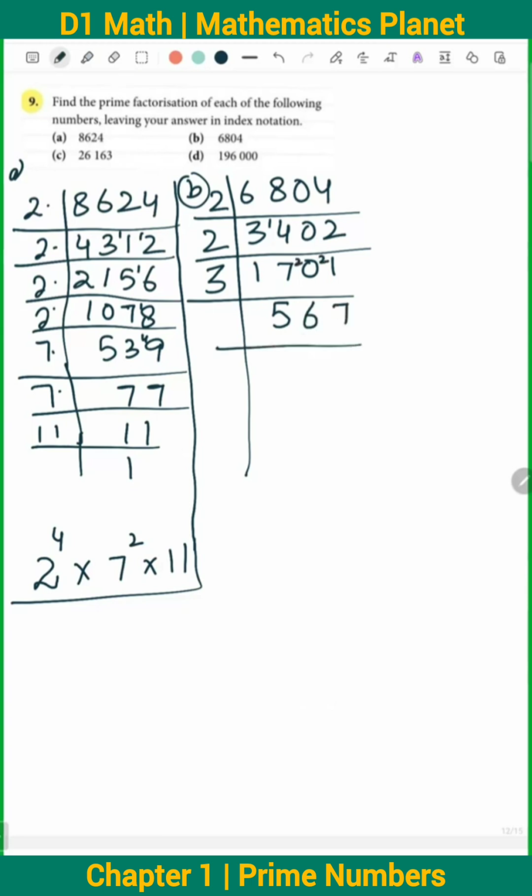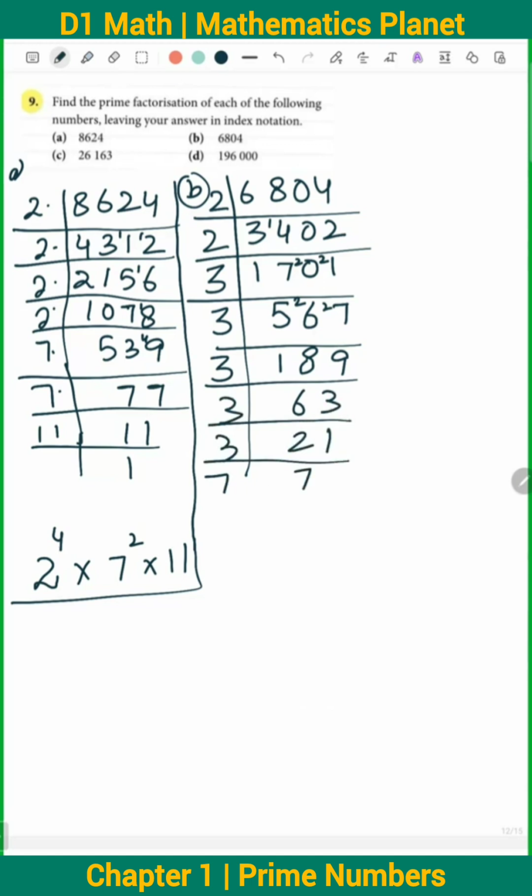Then again 3. 3 times 1 is 3, 8 is 24, 9 is 27. 6 is 18, 3 is 9, 2 is 6, 1 is 3, 3 times 7 is 21, 7 was 7. I am directly writing the index notation, students. 2 is coming 2 times, 3 is coming 1, 2, 3, 4, 5 times, and 7 is coming 1 time.